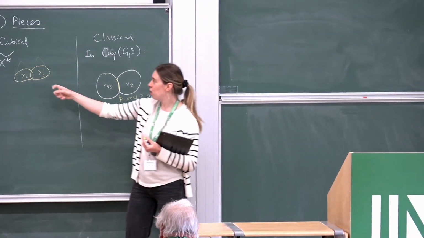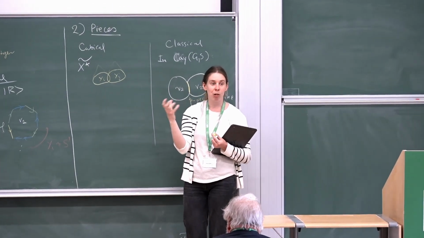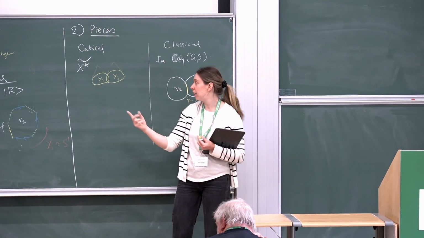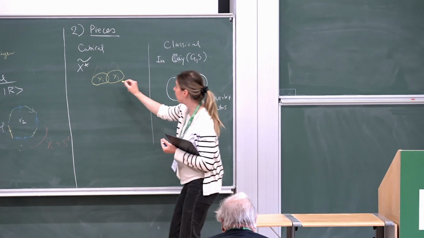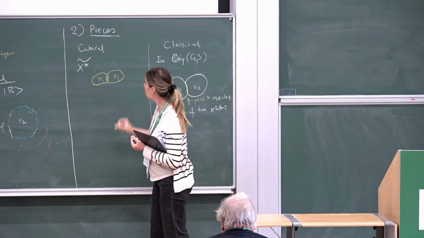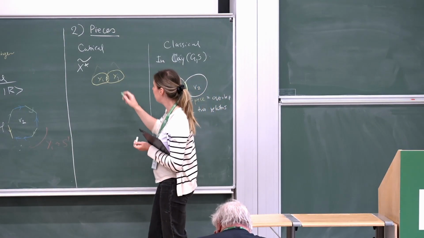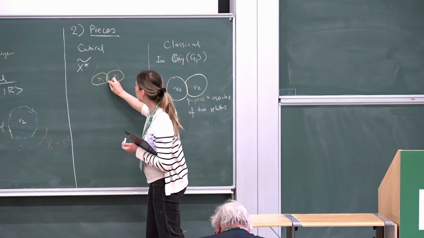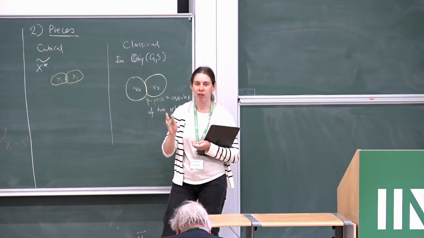Now, the intersection of those two things, since they were not just cycles but cube complexes, can be more than just a path. It can have some cubes in it. So I'm going to call a piece just any path. And every time I say path today, I just mean combinatorial path.